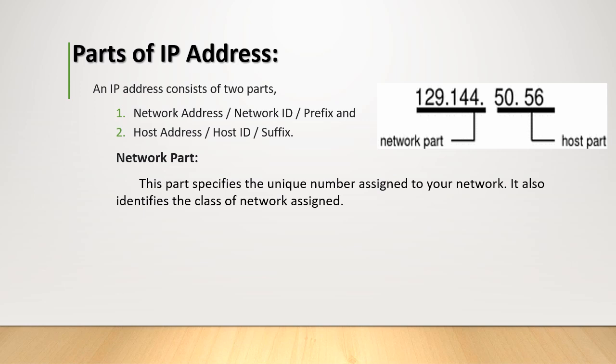Suppose I have 6 or 10 devices connected within this network, each device, each host, has a different IP, like 50.51, 52, 53, 54, 55, like that. So each host has a unique IP address within your network.